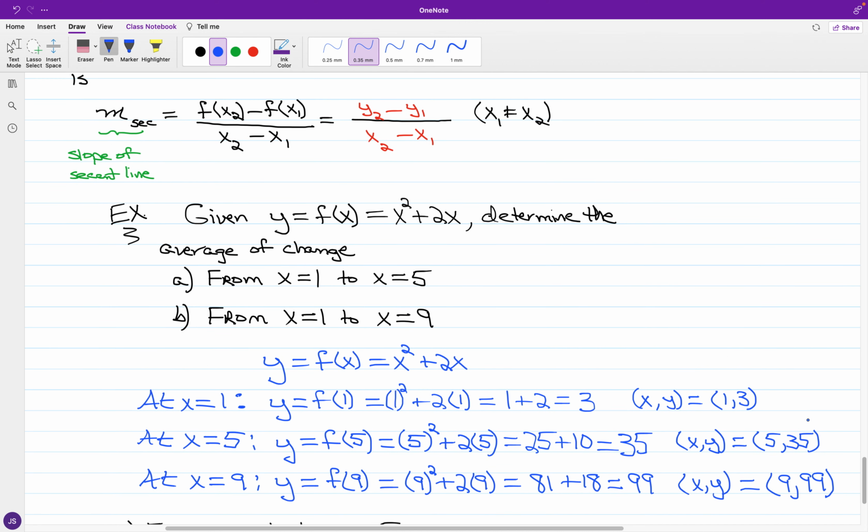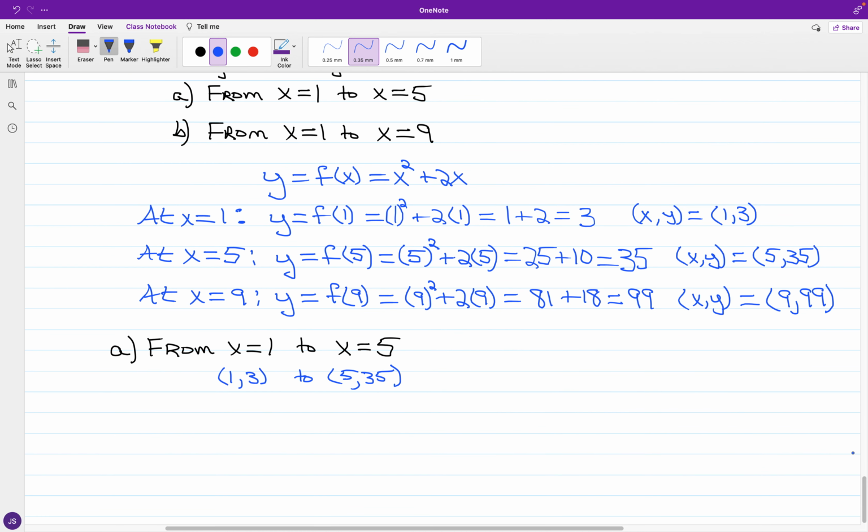And the average rate of change is going to be the slope of the corresponding secant line, which still comes down to the slope formula.